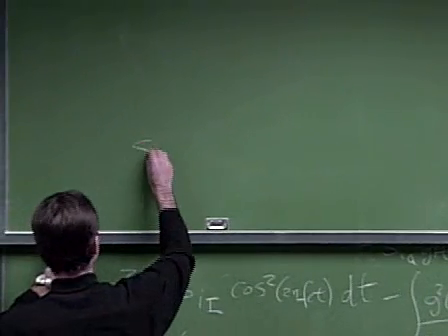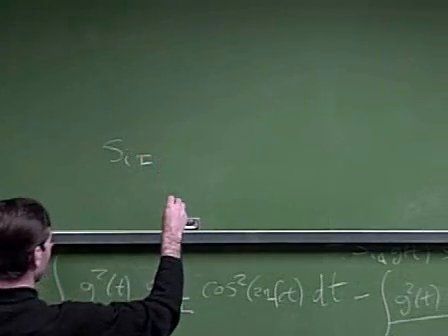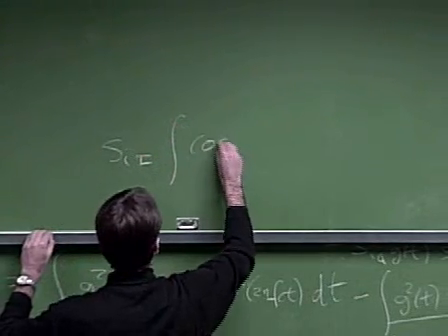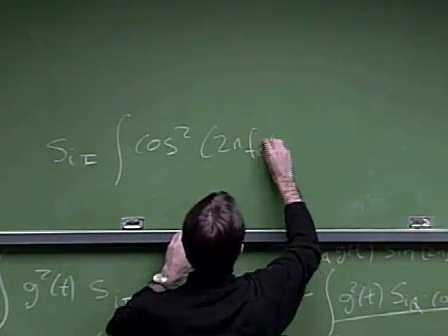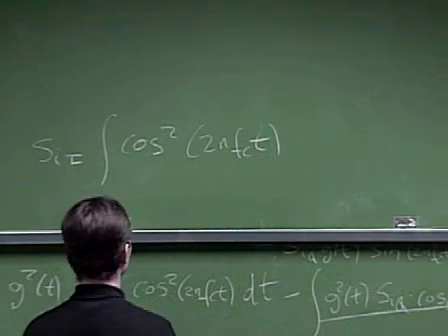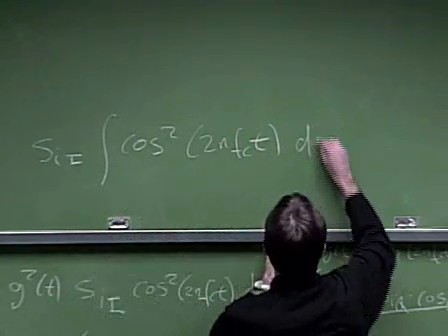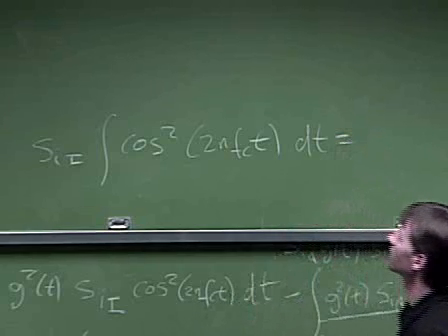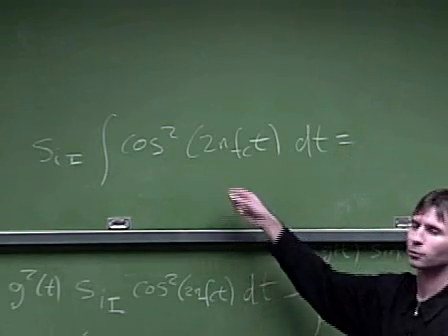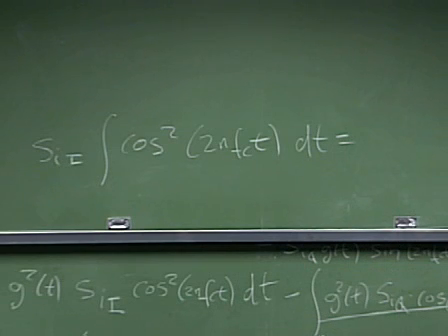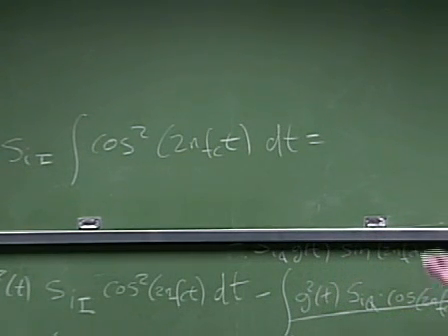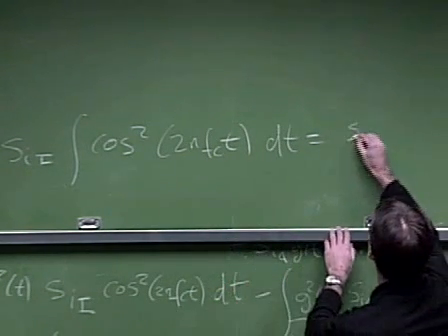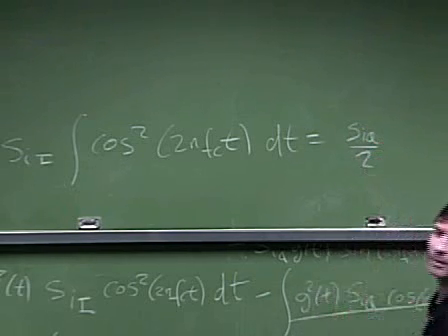In that case, we have the in-phase coefficient times the integration of the cosine square of 2 pi f_c t dt. So what is this? Well, integration of a cosine square is equal to 1/2, as long as you have an integer number of cycles. So if there is no g, this is S_I divided by 2.